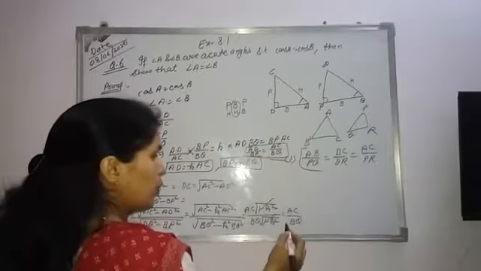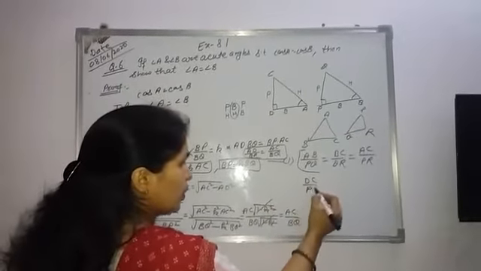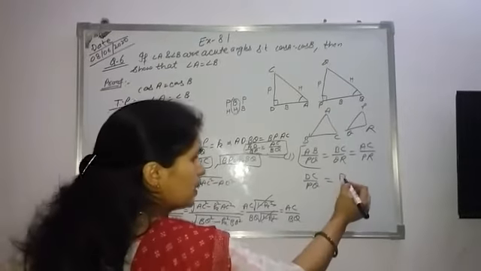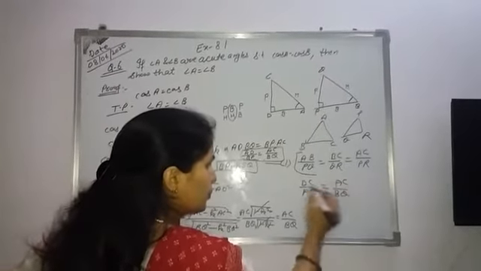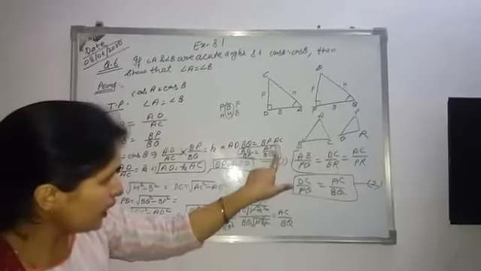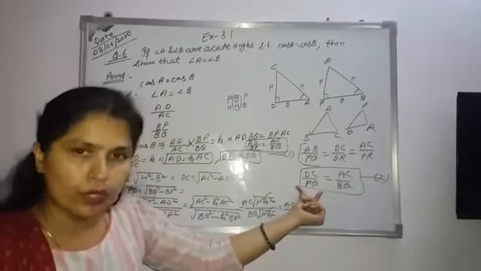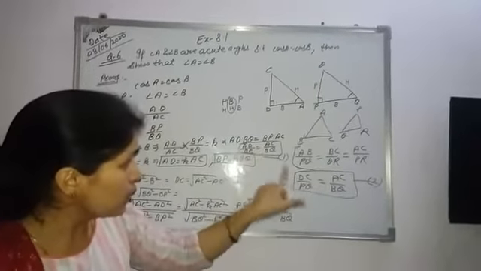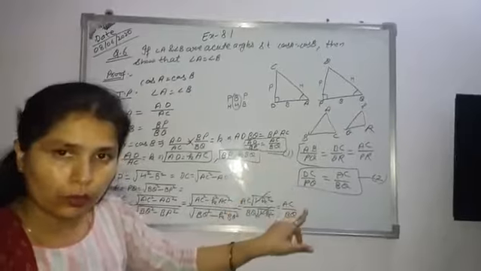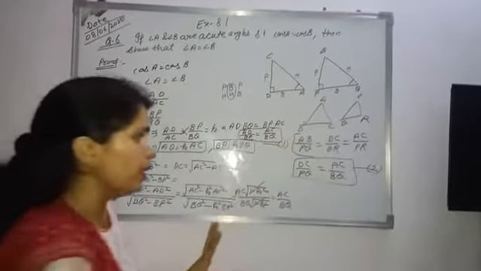From this first equation and second equation, DC upon PQ is equal to AC divided by BQ. Now from this first and second, AC upon BQ is equal to this one. It means these two values must be equal, because if the right hand side of this equation is the same, then the left hand side will be the same.